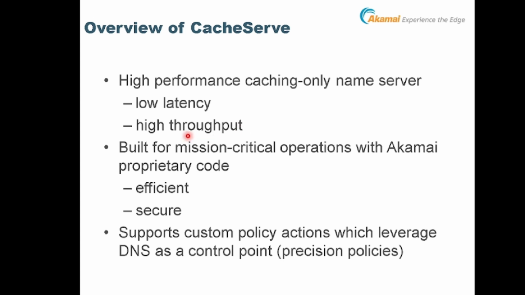And so we'll see that the maximum capacity, in other words, the number of queries per second that CacheServe can handle, is optimized by the fact that this code is dedicated to caching only.